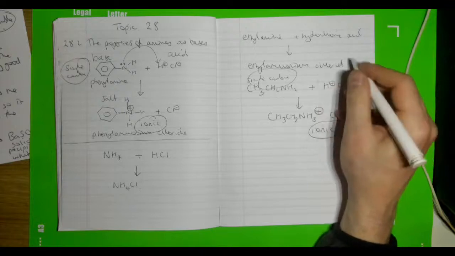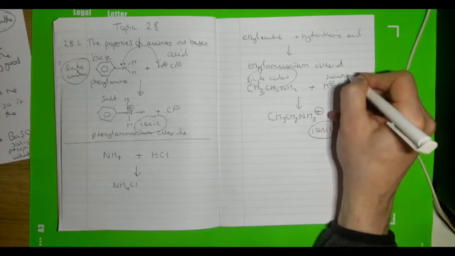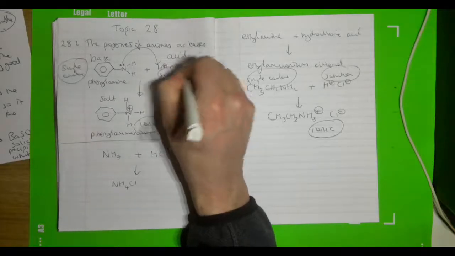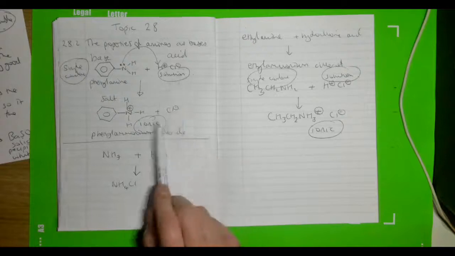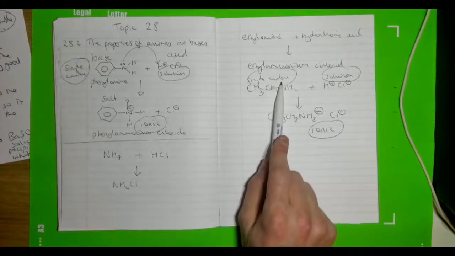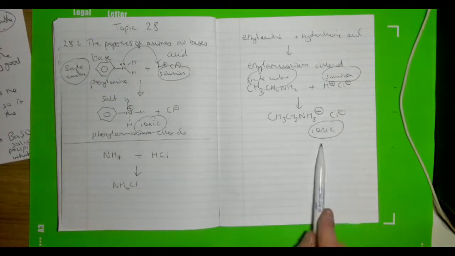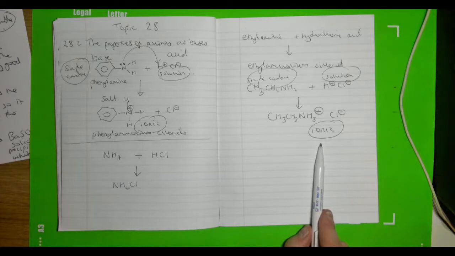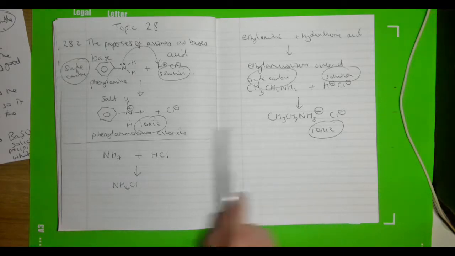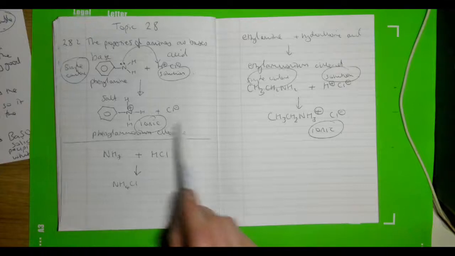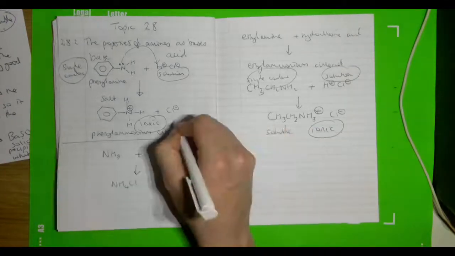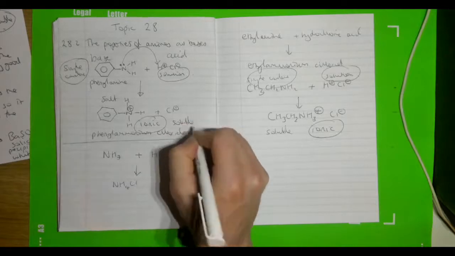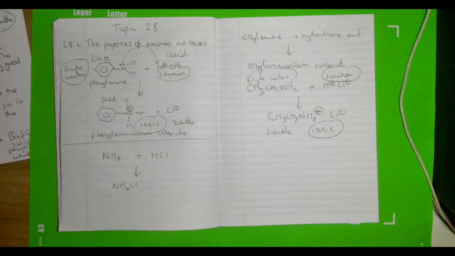HCl is a solution. So basically we put a simple covalent structure into a solution and get an ionic compound. Okay? So these are soluble. Ionic compounds are soluble, so they're soluble ionic salts.